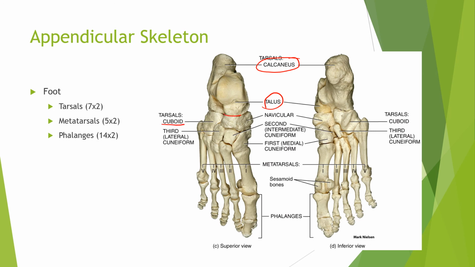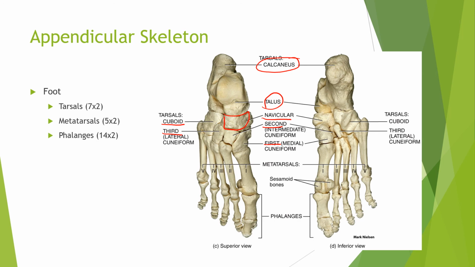Medially, we have a boat-shaped bone called the navicular. Then we have 3 small bones known as the first, second, and third cuneiforms. Another way to remember them are the medial, intermediate, and lateral cuneiforms. The terms are interchangeable.